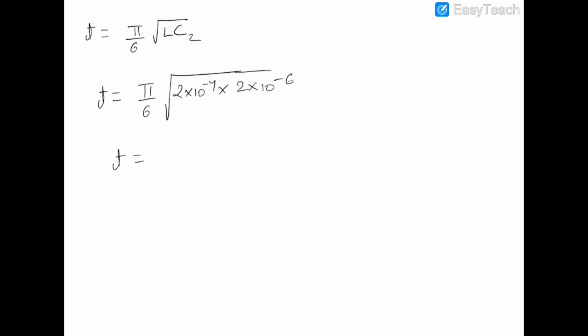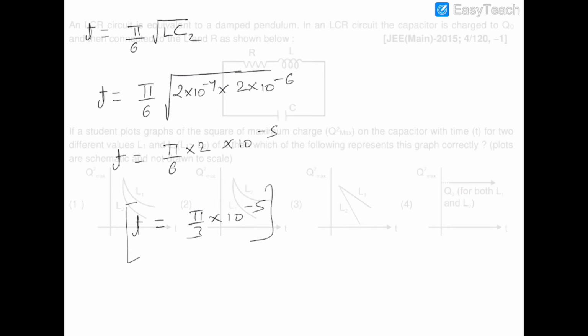So t will be equal to pi by 6 into 2 into 10 raised to power minus 5. So t will be equal to pi by 3 into 10 raised to power minus 5. This will be the time at which the energy stored in the inductor would be 1/3 of the energy stored in the capacitor. Thank you.